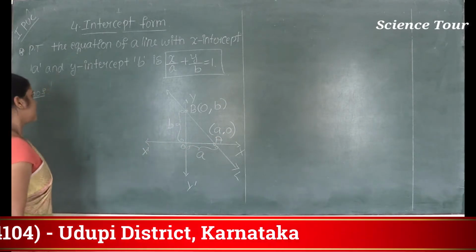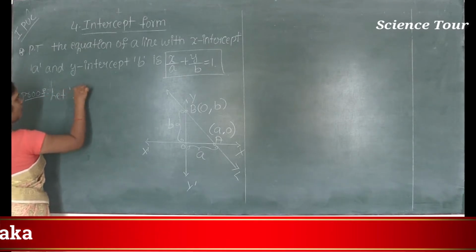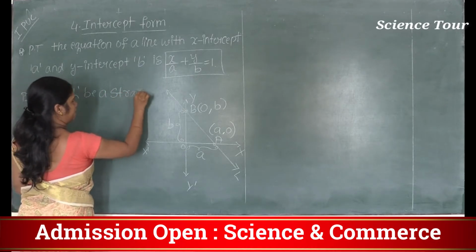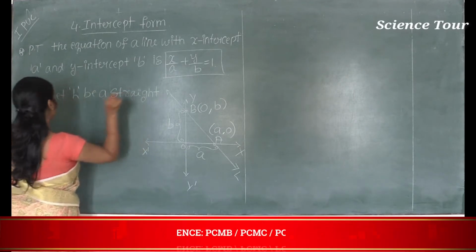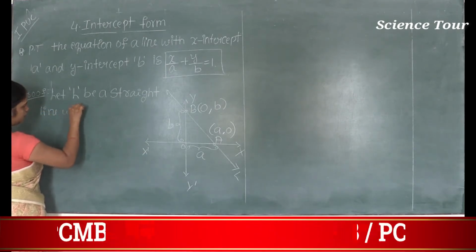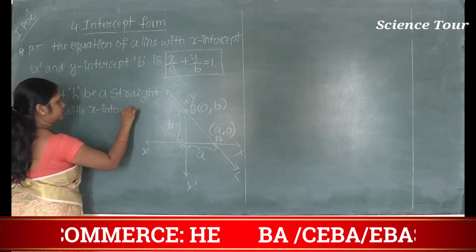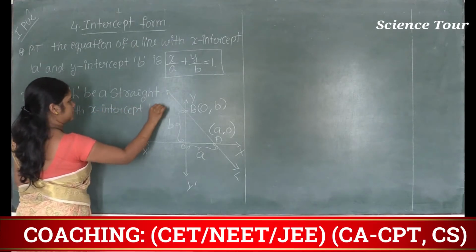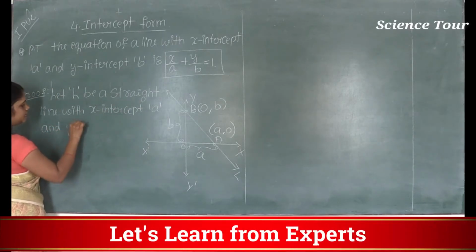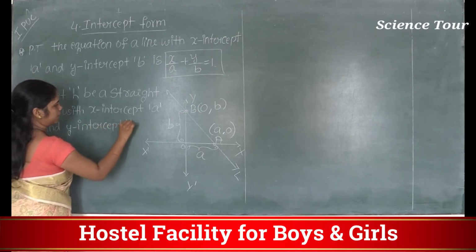Okay, so I'll consider, let L be a straight line with the x-intercept a and y-intercept b.